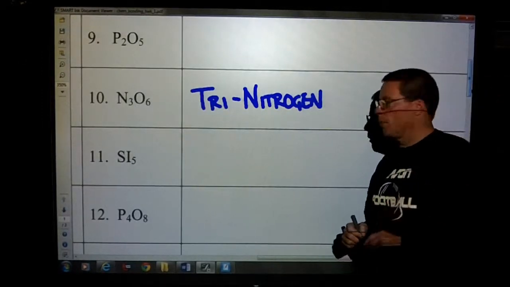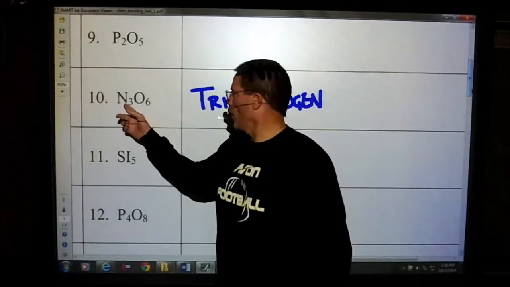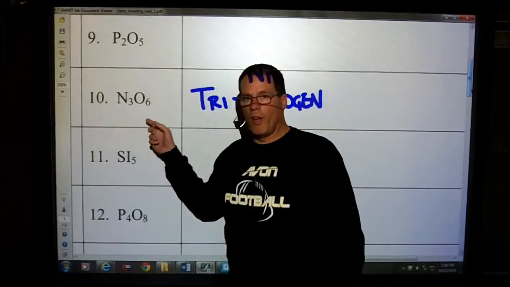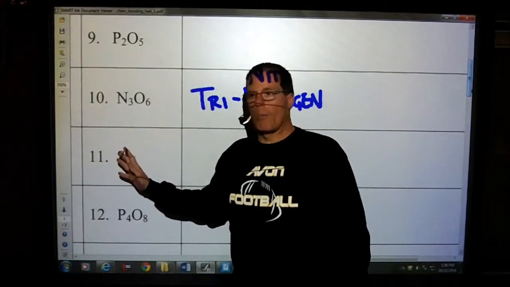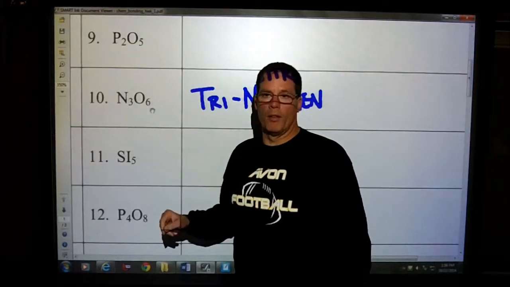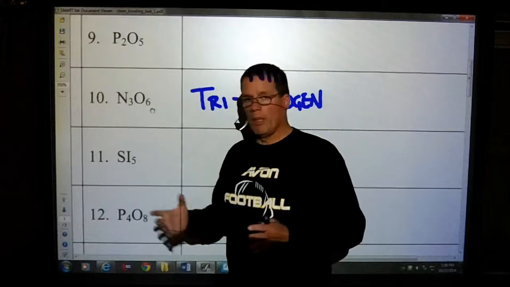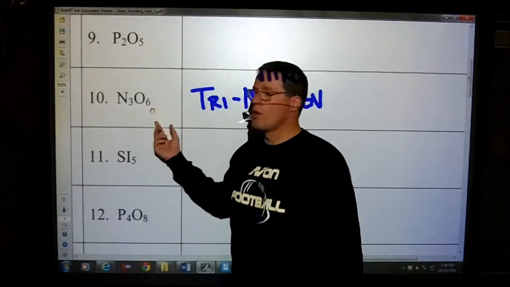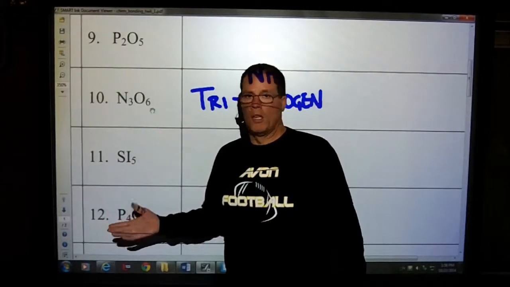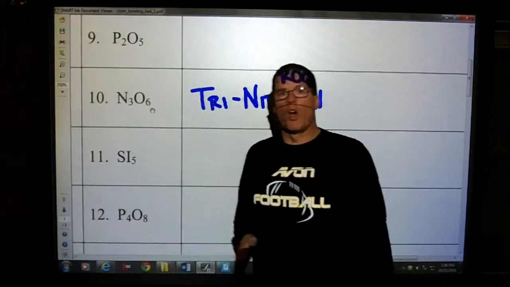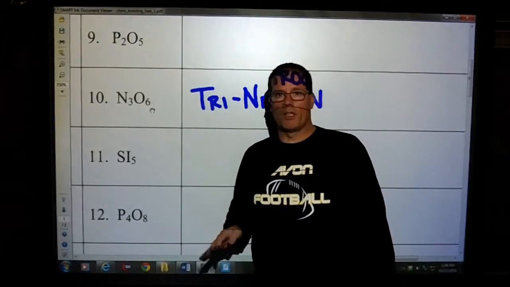Now here's a good stopping point to talk about something. Notice how these are not simplified. Only ionic compounds have the subscript simplified. When we look at molecular compounds, some of these things could have huge numbers and could be simplified, but we never do that. Later on, we'll talk about empirical formulas, molecular formulas.